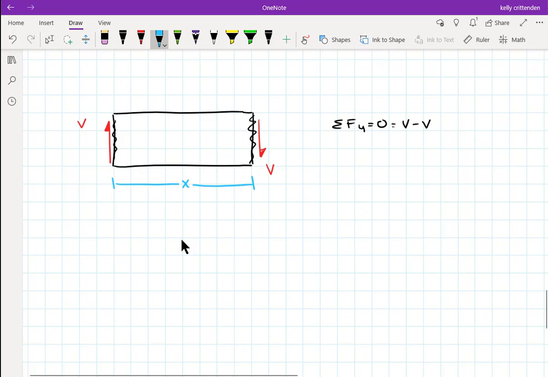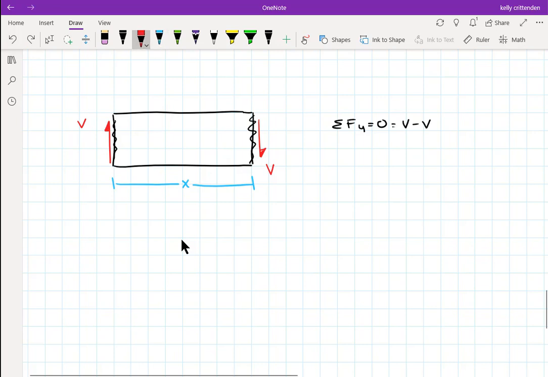But there has to be some distance between these two forces, and they create what's called a force couple. So basically they're forces that are separated from one another, and they make this little piece want to spin around in circles, right? Because the way I've drawn these to make them balance, it's going to want to spin clockwise, and I don't want it to do that either.